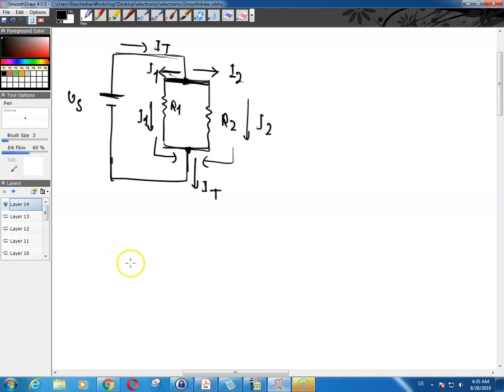Now there is a couple of questions here. It says which of the following relationships are valid for this circuit. So one of the relationships is, for example, V of S is equal to R1 I1.